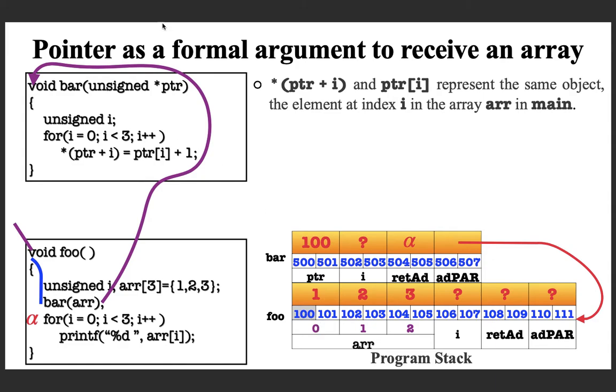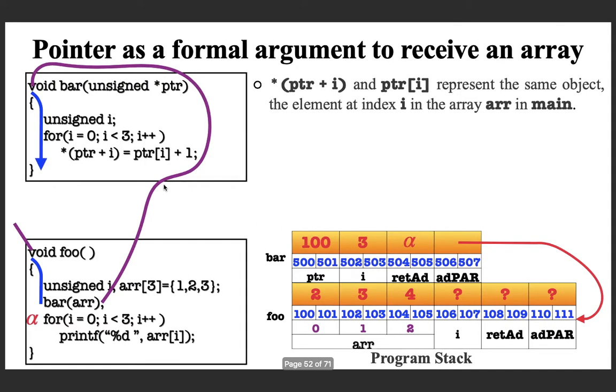So, 100 is passed to it, it is getting 100, I is uninitialized, so I do not know what it is. And the return address, when you return from this function, it has to come to this particular instruction, so it is alpha. And this is the address of the previous activation record.